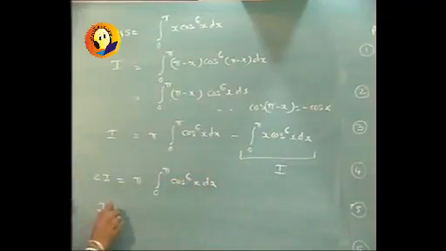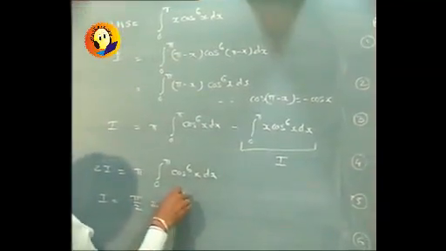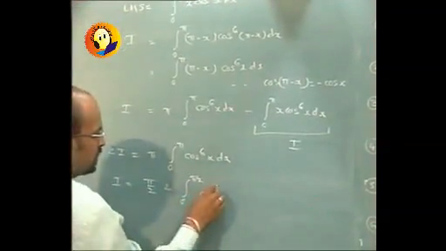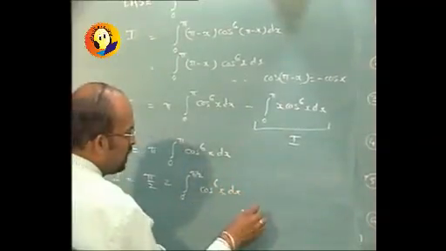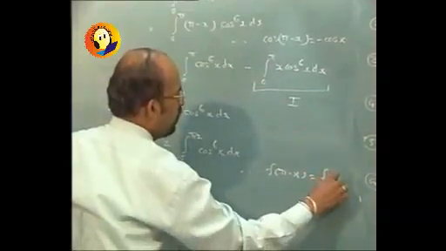So I will be equal to pi by 2, and this can be written as twice integral 0 to pi by 2 cos raised to 6x dx, with the reason that f of pi minus x comes out to be equal to f of x.